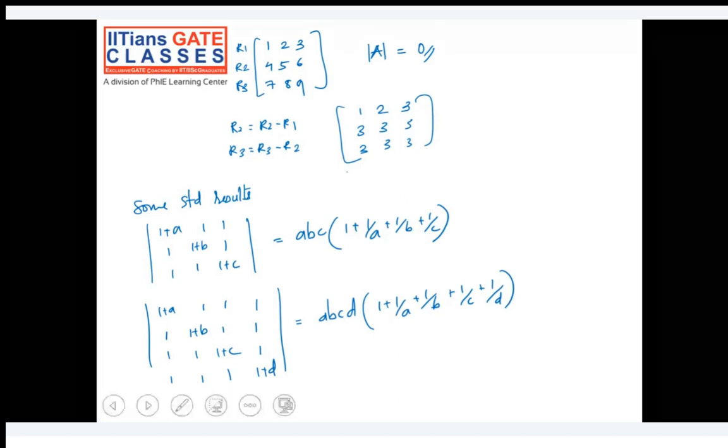The determinant with rows 1 1 1, A B C, A square B square C square, or its transpose, because they are like transpose of each other, you can write as A minus B, B minus C, C minus A.